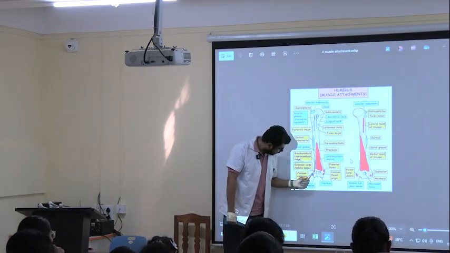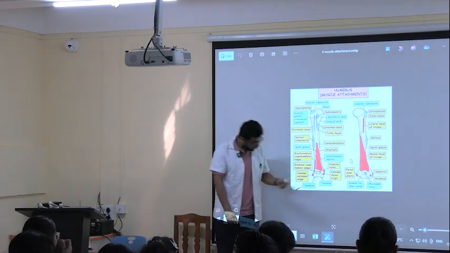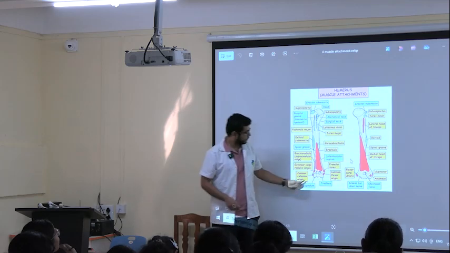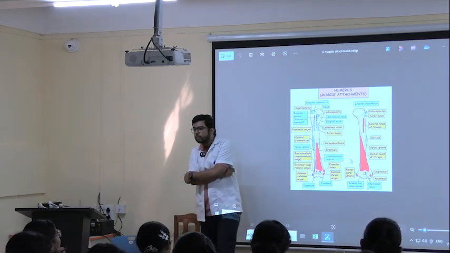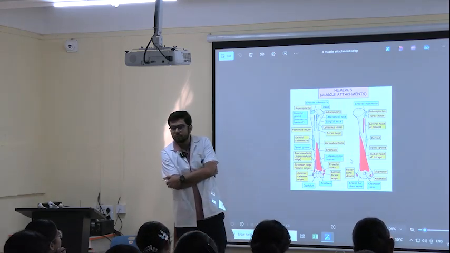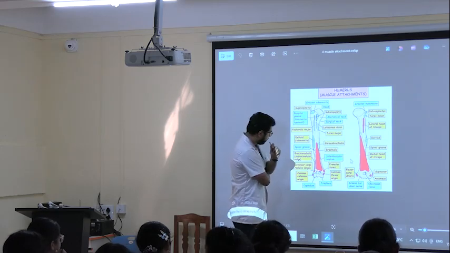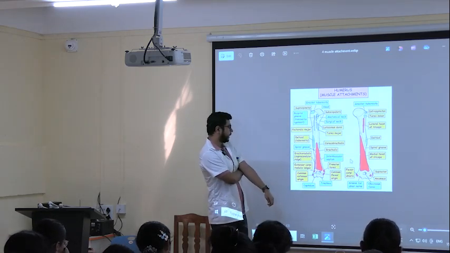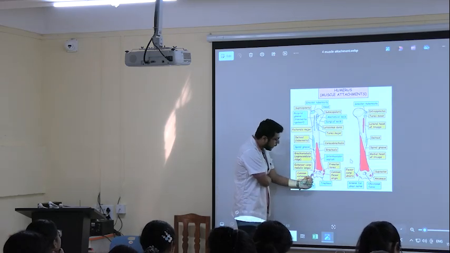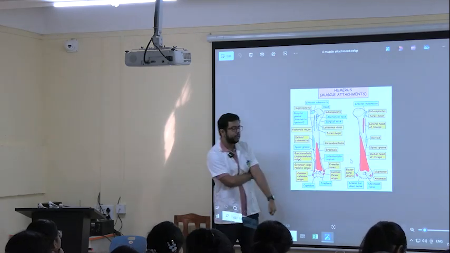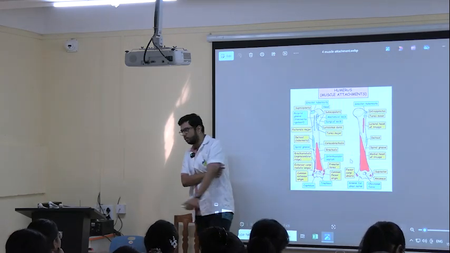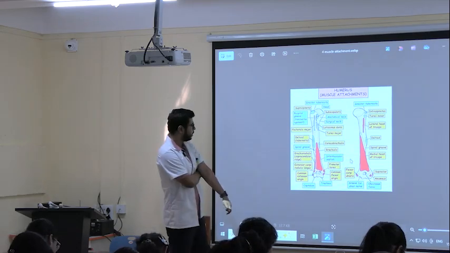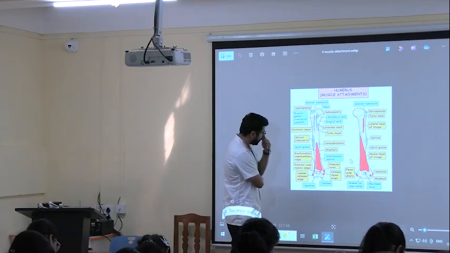Common extensor origin are originating from. ये क्या है? What is this? Lateral epicondyle. Yes. So image देखो, खुद बोलो. Extensor muscle are originating from the anterior surface of the lateral epicondyle. ठीक है? लिखो या फिर मार्क करो.